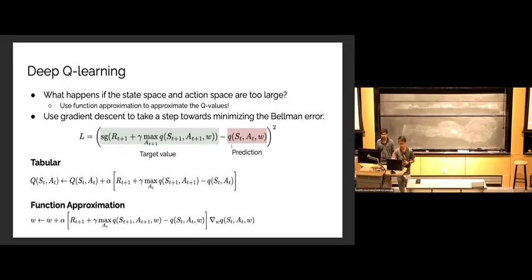Otherwise, the n-step TD you implement will probably be incorrect. So this is the update rule for function approximation, and we have to stop gradient for this part. This is very essential.